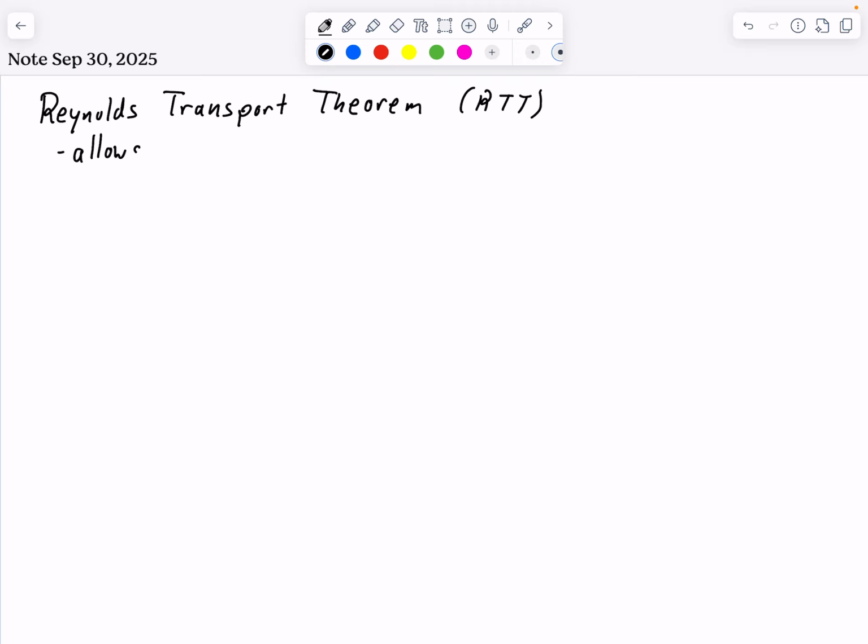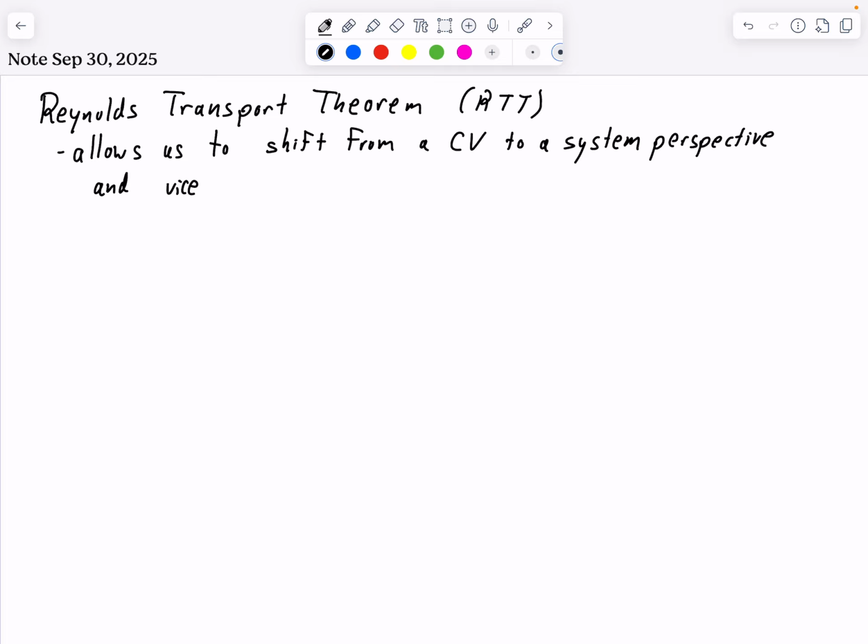This theorem allows us to shift perspectives, or to shift from a control volume perspective to a system perspective, and vice versa. So this is what lets us relate these two perspectives to each other.